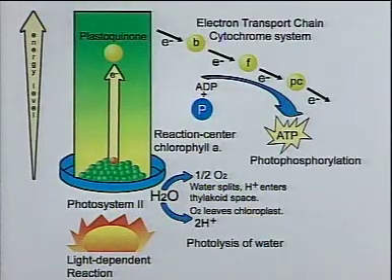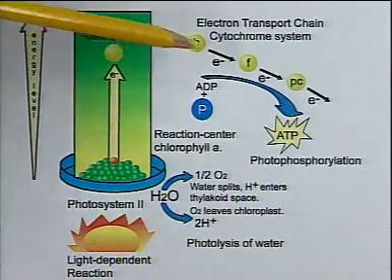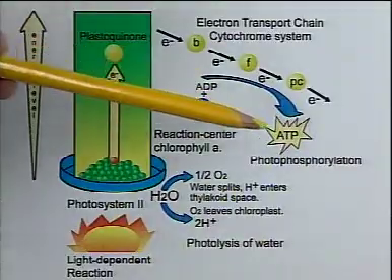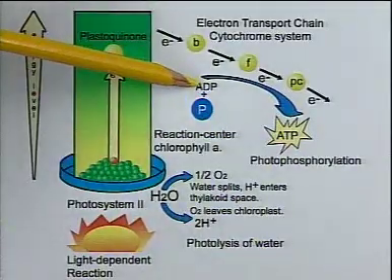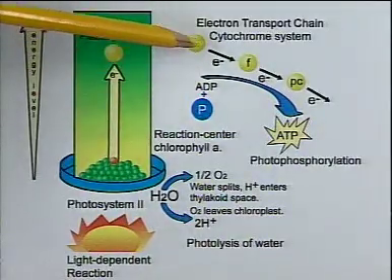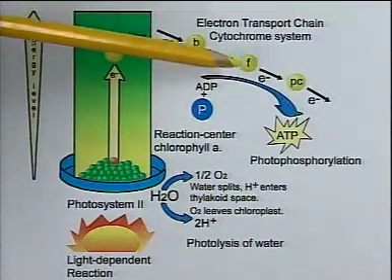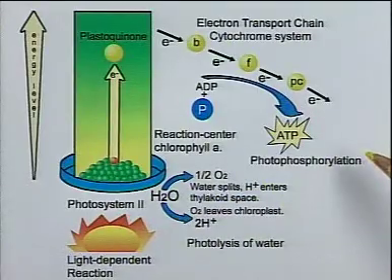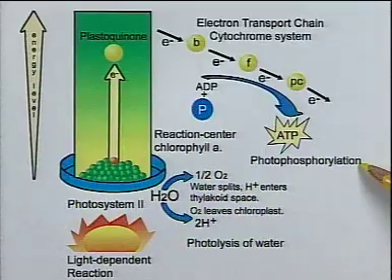This way, the electrons go on losing their energy. Some of this energy is used to make ATP from ADP between cytochrome B and F molecules. In this way, ATP synthesis is generated by the light energy and is called photophosphorylation.